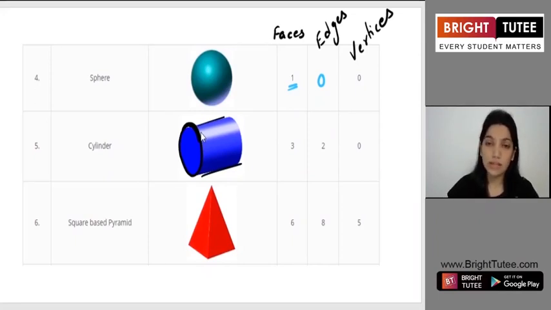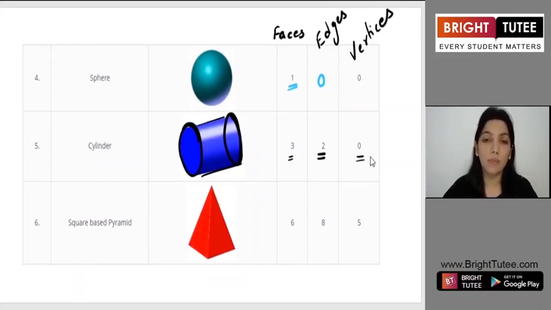One face is here and you will see a similar kind of face on the other end. So this is also the other edge, right? Both the faces have their edges. So in total we have 2 edges and 3 faces. Now the number of vertices. Do you see any corner here? We don't have any sharp corners in a cylinder. So we will say 0 vertices.